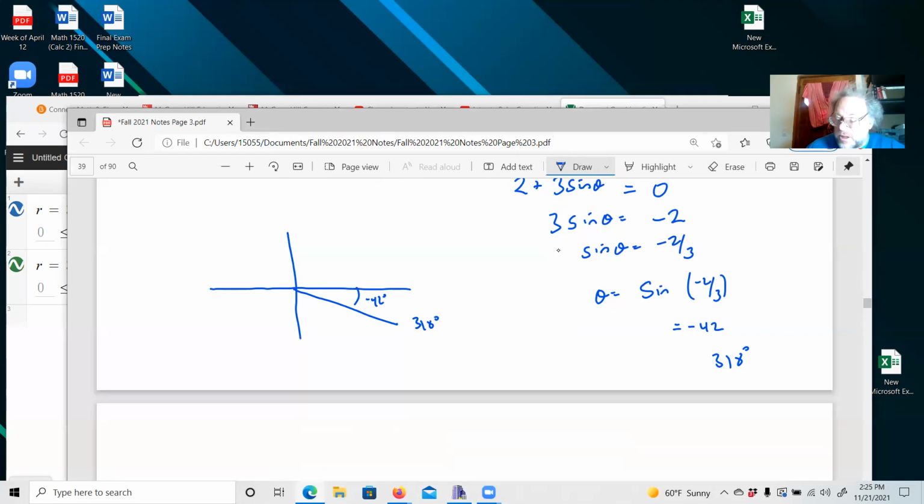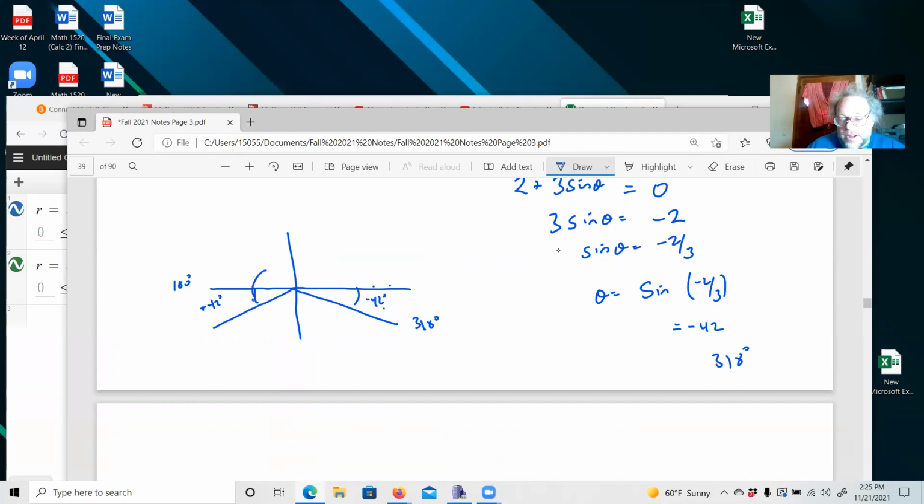There's another one though. There's another angle that's negative for sine, in the third quadrant. Since this is 42 degrees under the horizontal, this would also be 42 degrees under the horizontal. So this is 180 degrees, plus an additional 42 degrees.